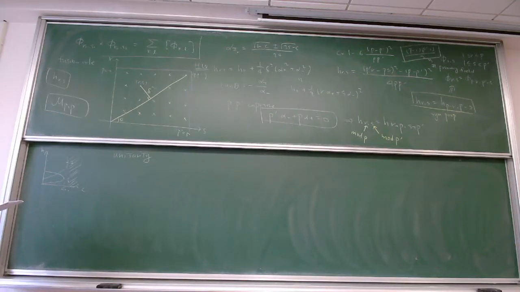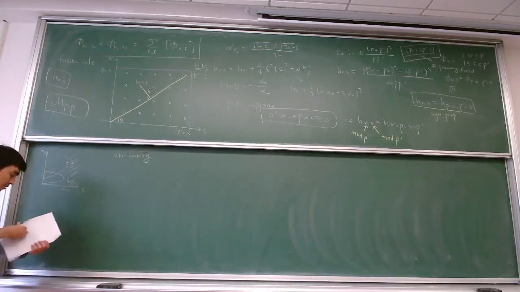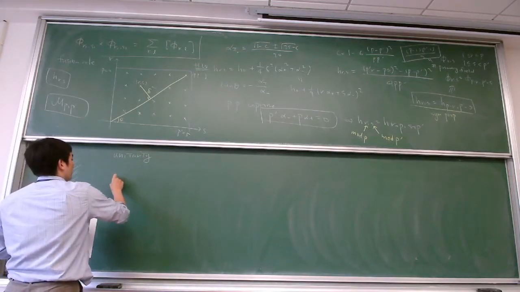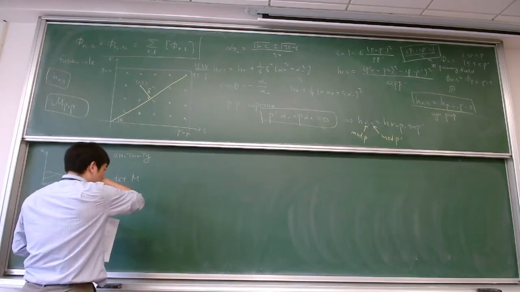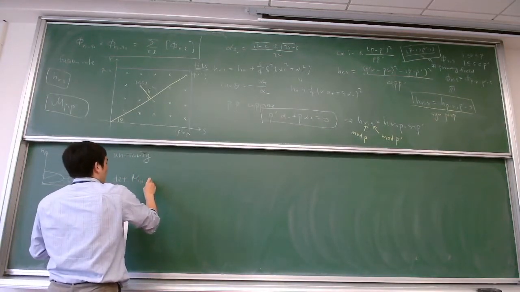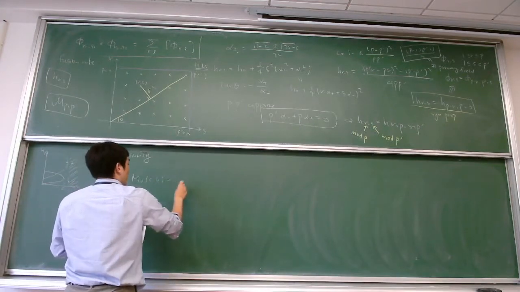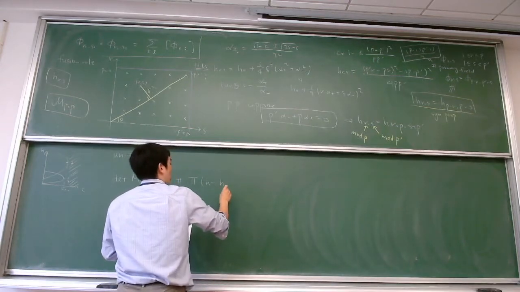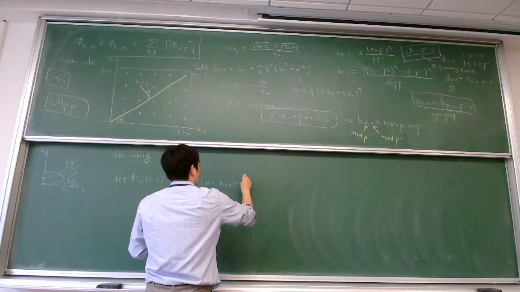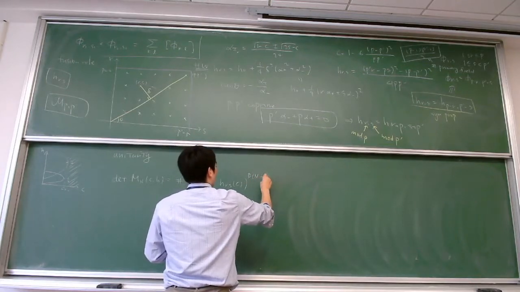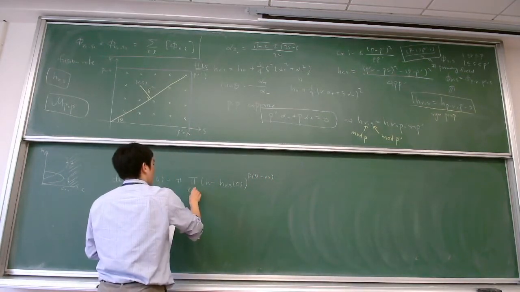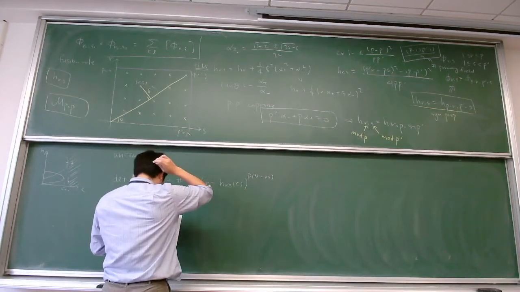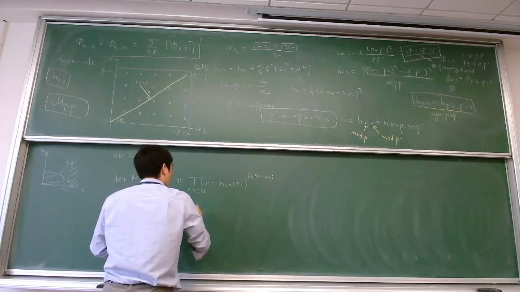It's very difficult to explain. As I mentioned, the Kac determinant is something like a determinant M_n at (c, h), and this is a product of (h minus h_rs(c)) to the power p(n minus rs), with r and s less than... is it correct?